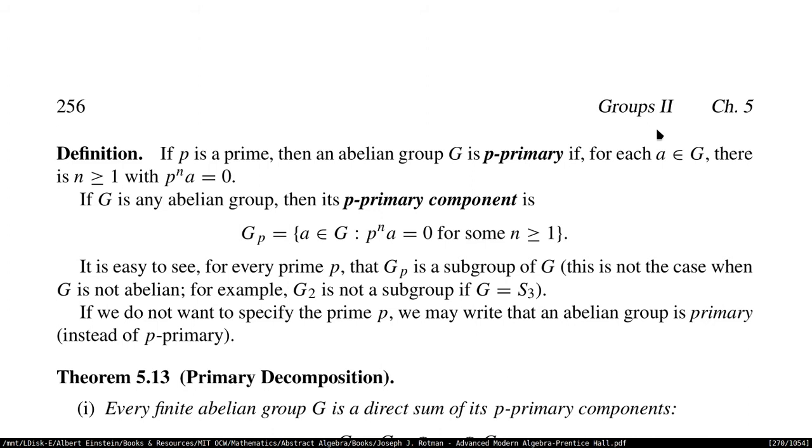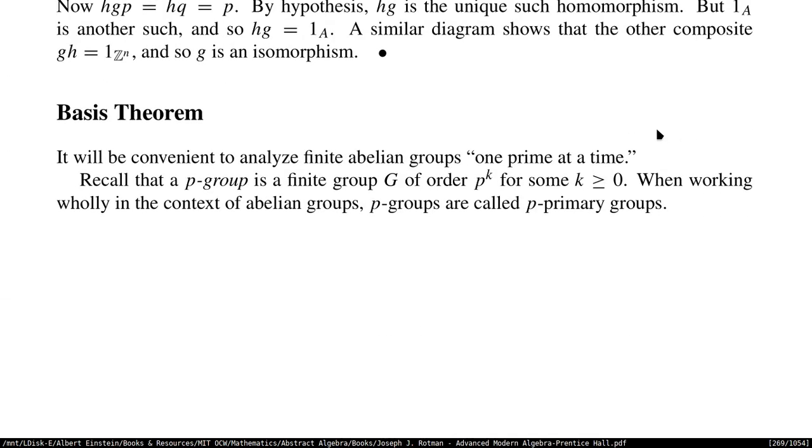I guess not, because just before this, he seems to give a different definition of P-primary. Can you scroll just a tiny bit to the bottom of page 255? There we go.